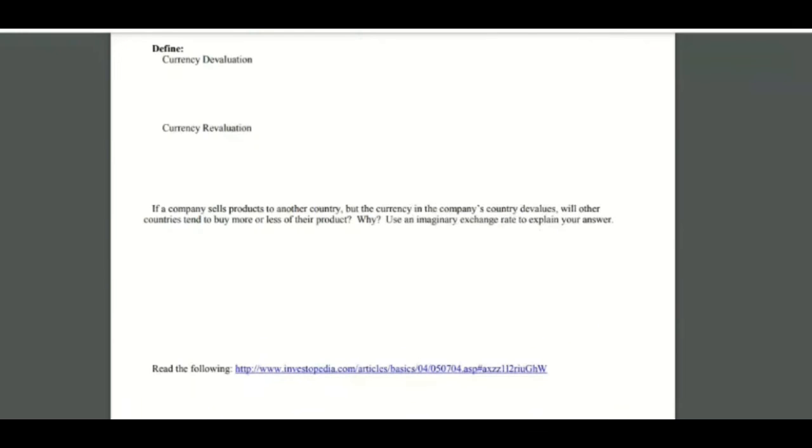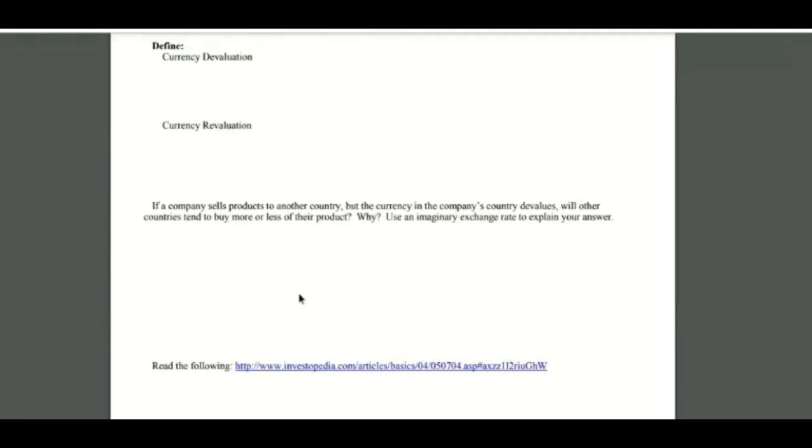And then there's one more issue here. If a company sells to another country, but the currency of the company's country devalues, will other countries tend to buy more or less of their product? Use an imaginary exchange rate to explain your answer. By the end of this unit, you should definitely be able to answer that question.